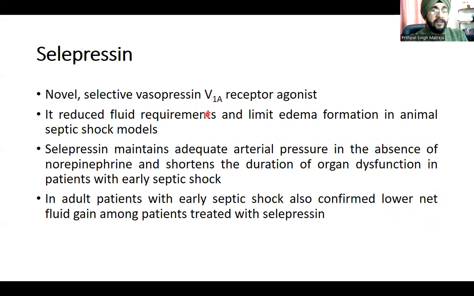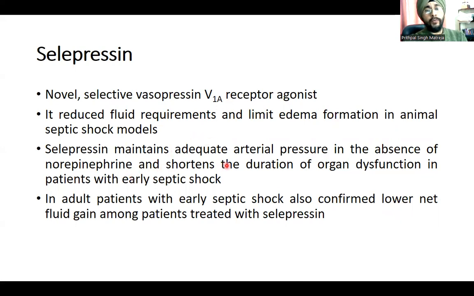This selepressin is a selective vasopressin 1A receptor agonist. And because it is specific to receptor 1A, it does not bind to 1B and V2. So it reduces the fluid requirement and limits edema formation, as has been shown in animal septic shock model.